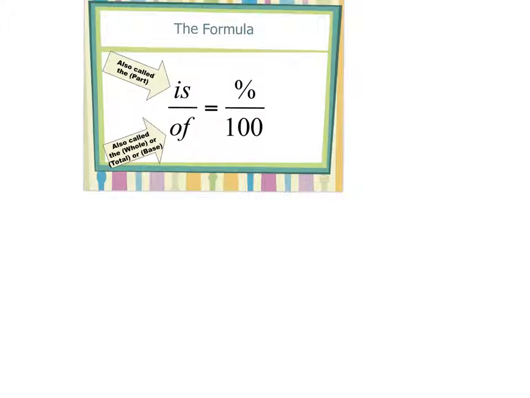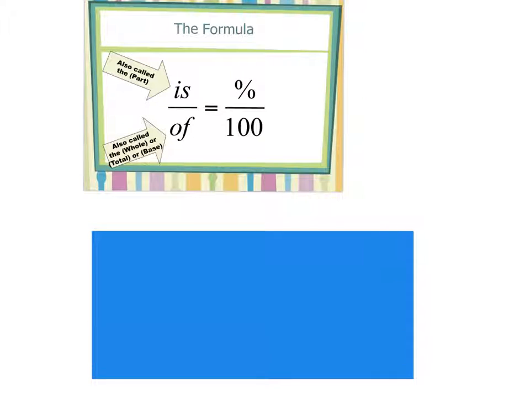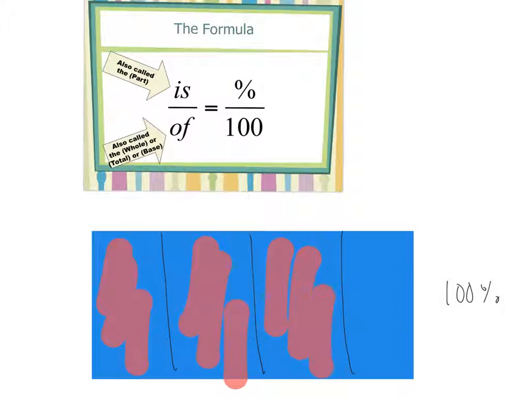Basically what this is saying is the following. If I had a rectangle, and I know that the entire blue rectangle is 100% of the rectangle, if I decided to cut it into 4 pieces, and of those 4 pieces, I took 3, there's lots of different things you could say.